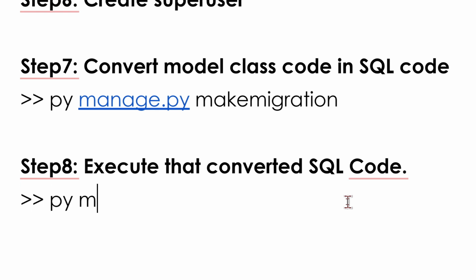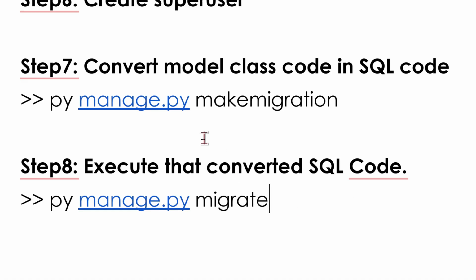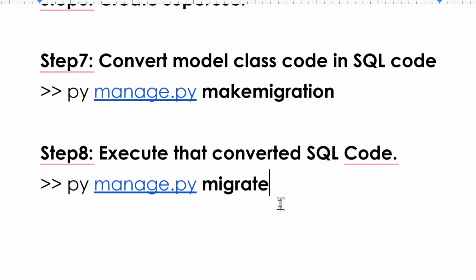We will write one command which is py manage.py, okay, and write here migrate. Okay, so this makemigrations will convert Python code into SQL code, and this will execute our SQL code and create the table inside the database, right?